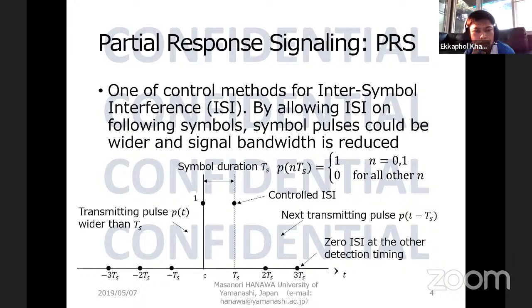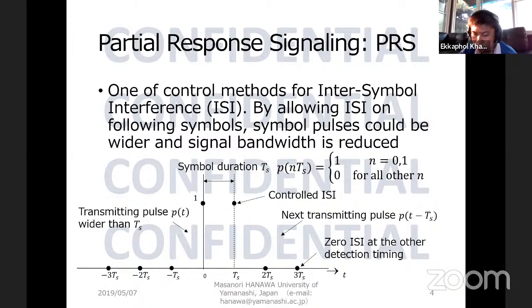And 101 we send, but the detector may detect all one or all zero because of the dispersed pulses. This is inter-symbol interference. PRS is a modulation format which allows controlled ISI. The very important part is we need to control ISI by ourselves with some aim.